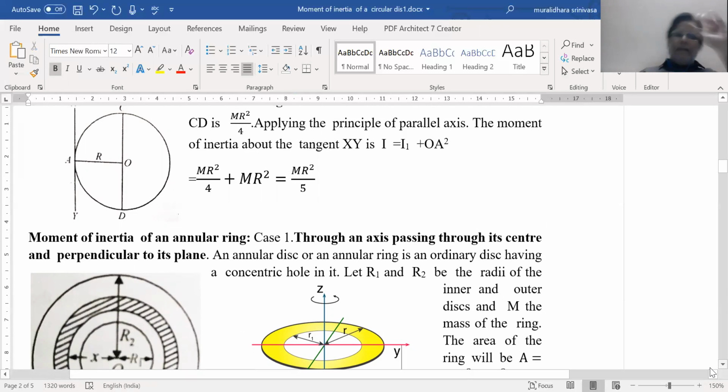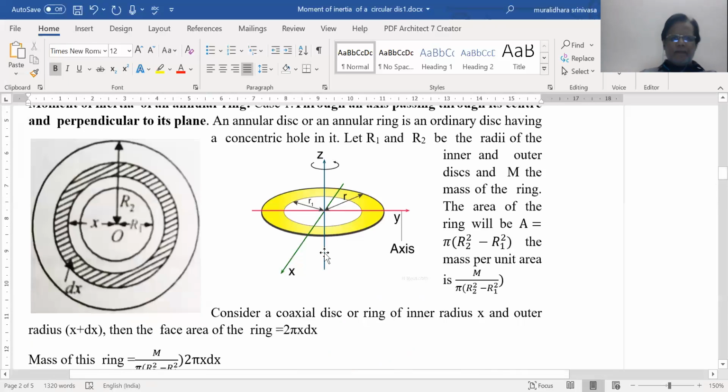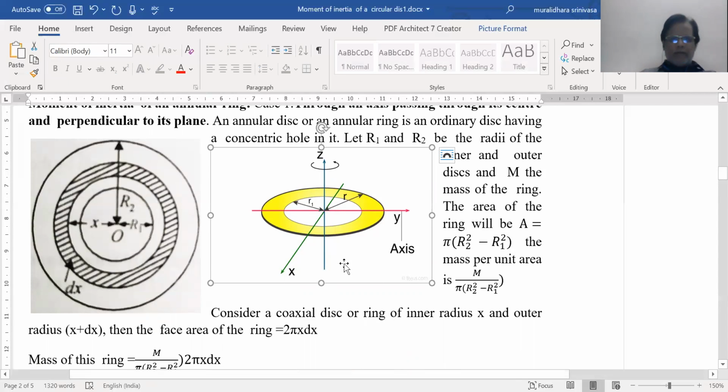It is a thin circular disc, a very thin plane ring, from the center of which concentrically some portion of material is removed. In other words, it is a circular disc with a concentric hole at the center. As I have shown in the second diagram, the yellow disc, you can very clearly see there is a hole whose radius is R1. Then there is material which is shaded in yellow, which has a radius R.